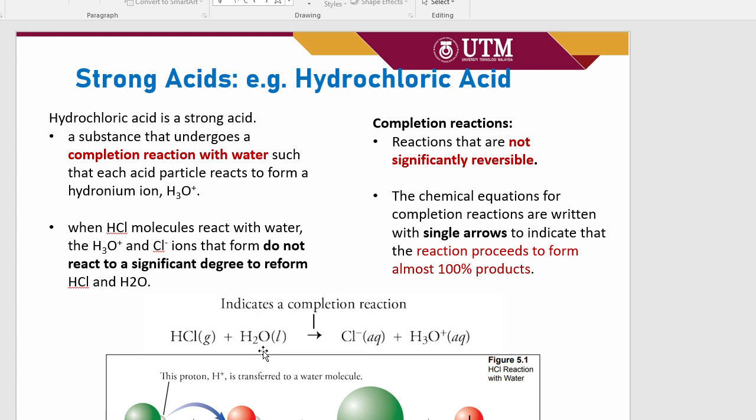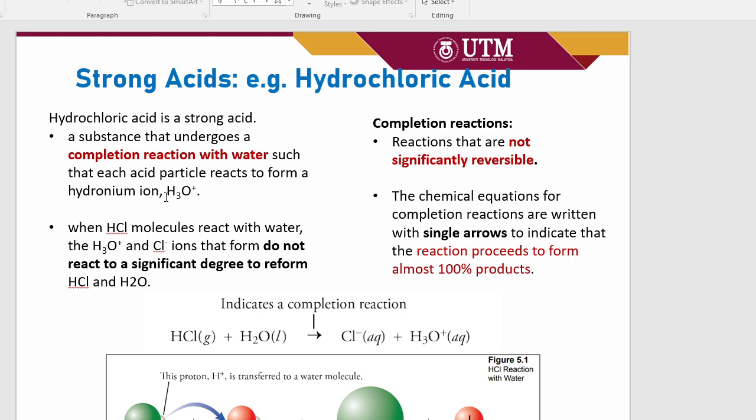That's how weak acids behave. Strong acids such as hydrochloric acid undergo a reaction with water that goes to completion. It completely becomes the product, forming a hydronium ion.